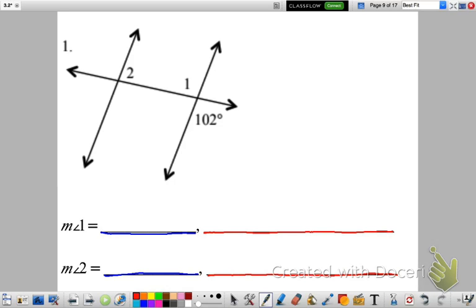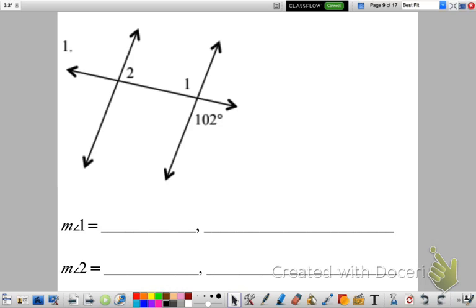As you work through these, there can potentially be multiple reasons. Just make sure you think thoughtfully as to how you're working through it. So go ahead and hit pause and work through number 1, and then we'll move on to number 2.